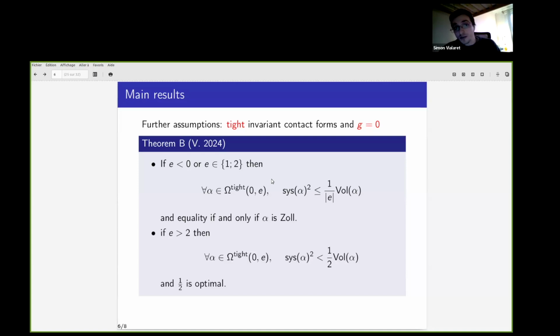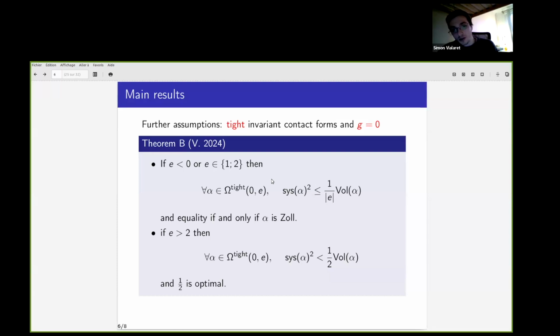In the second case, for E larger than 2, the behavior is slightly different. We still have a systolic inequality, this time with constant 1/2, and equality is never reached, and the constant 1/2 is optimal.